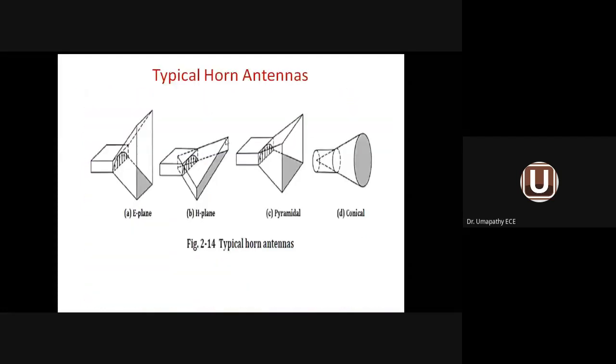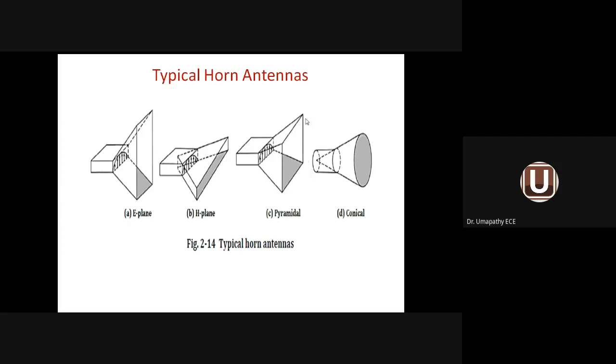You can see the diagram. Typical horn antenna diagrams are available. This one is the E-plane sectoral horn antenna, and this is the H-plane sectoral horn antenna. See the H-plane, it is horizontal. And see the E-plane, it is vertical in arrangement. See the third one. We are having flaring in both the E-plane and H-plane.